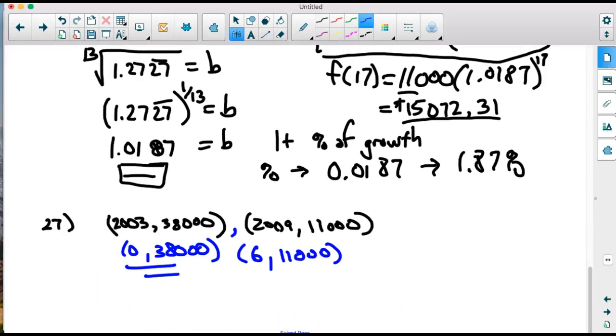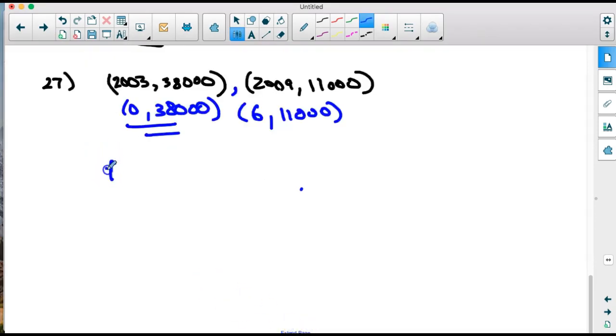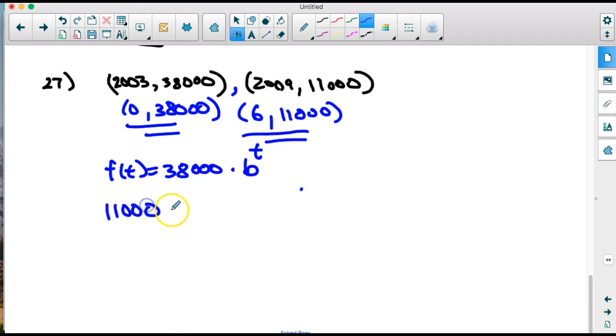My equation is going to be f of t equals 38,000 times b to the t power. Now I'm going to plug in these values here, so I get 11,000 equals 38,000 times b to the 6th power.